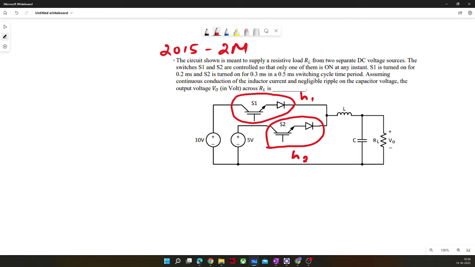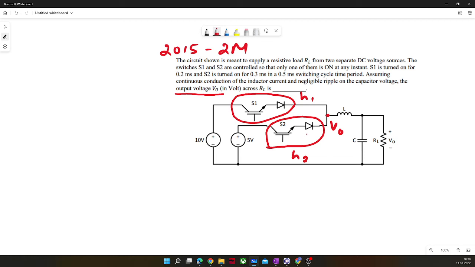Now you can easily calculate this voltage, right? And in the question, what is asked? The output voltage across RL. Very easy.